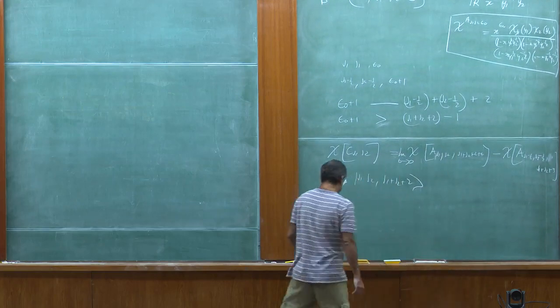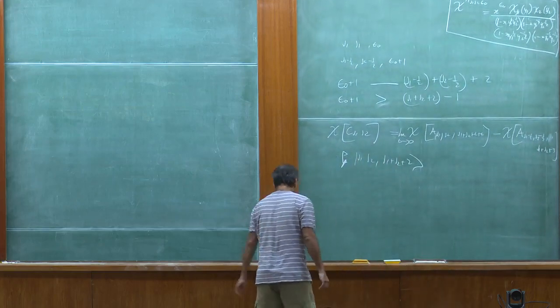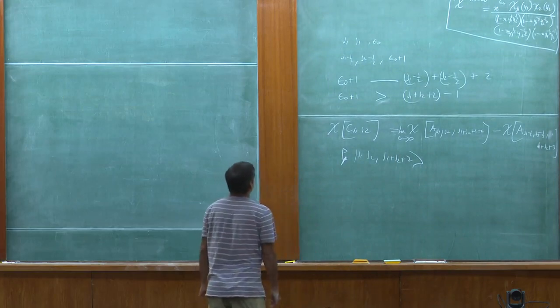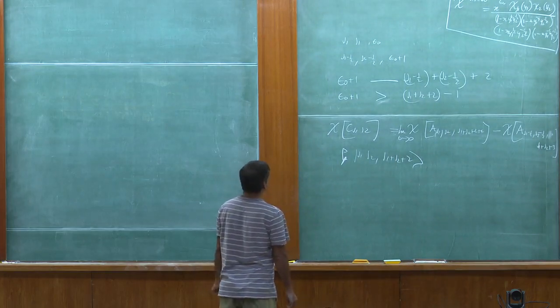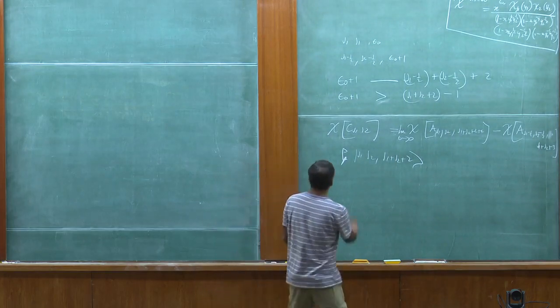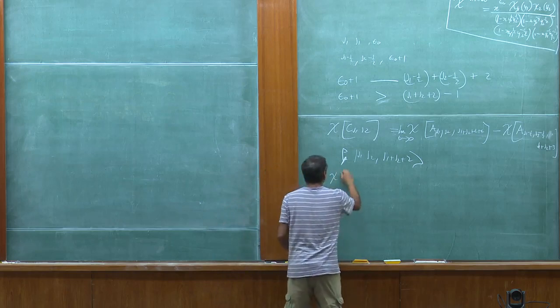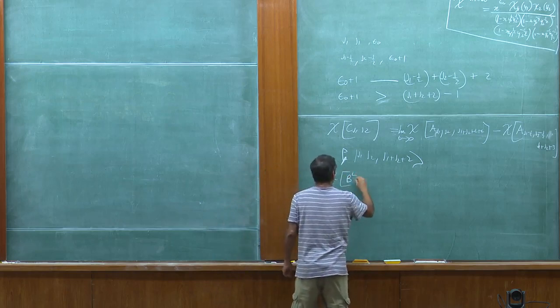Similarly, we can suppose we take a B-type representation, BLJ1.